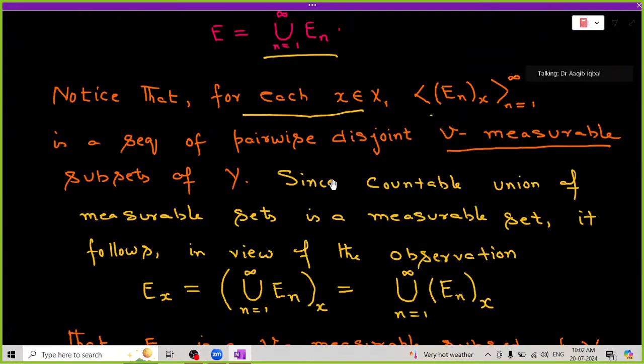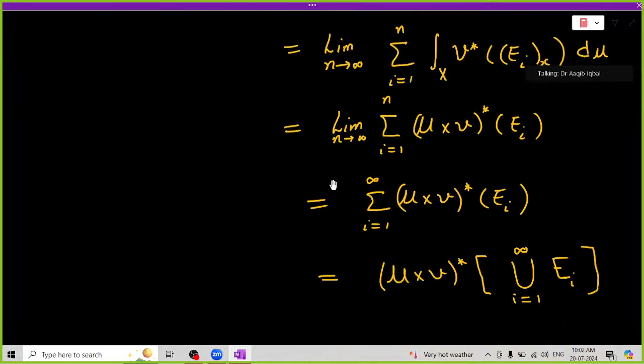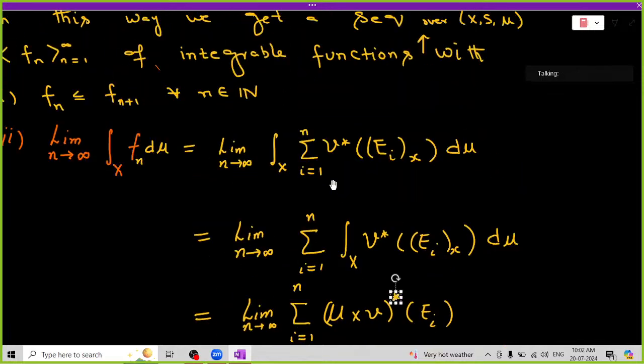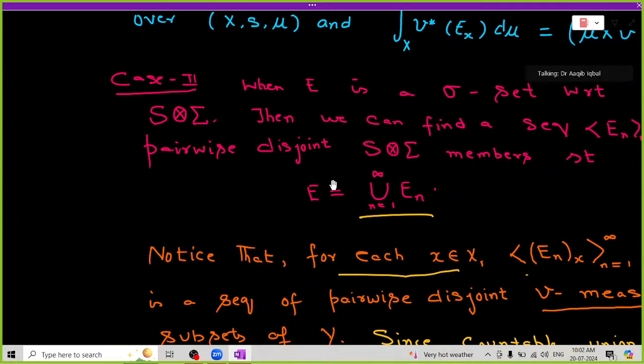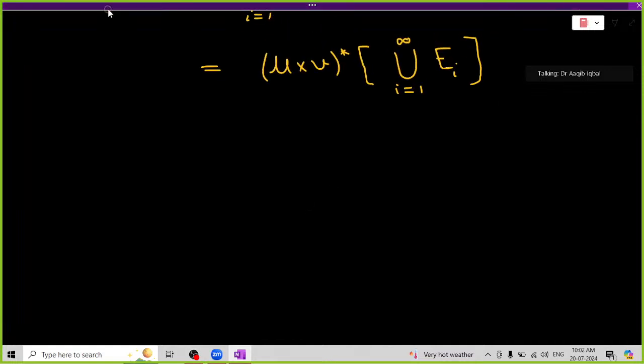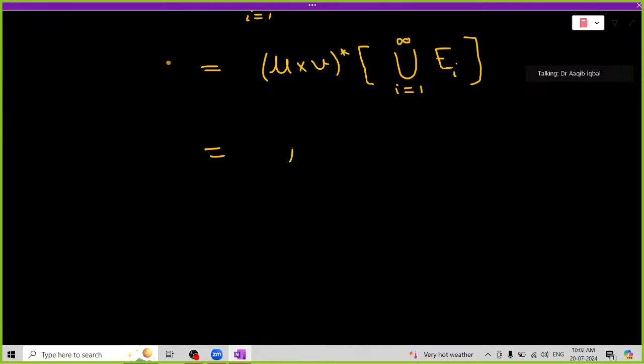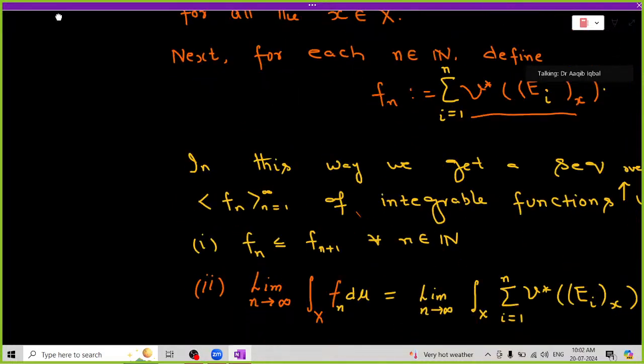So I can use the additivity. Now what is the union of e sub I's? That's E. So this is actually the outer measure of E, and the outer measure of E by our assumption is finite. This is mu cross nu star of E, which is finite. So that means the limit of the integrals is finite, so Levi's theorem is applicable.